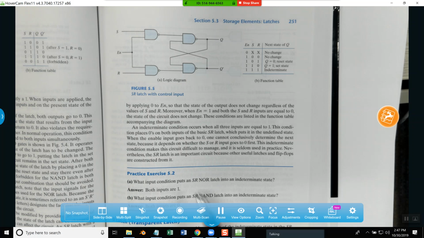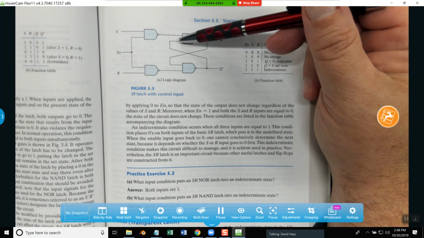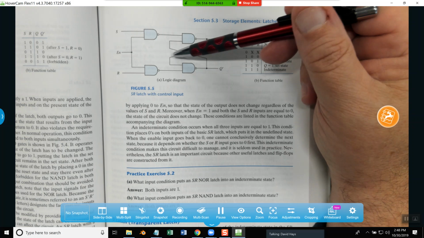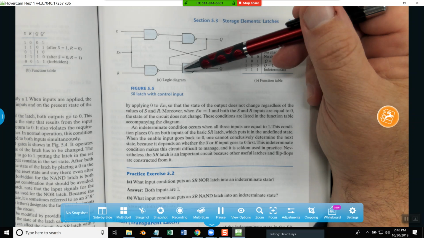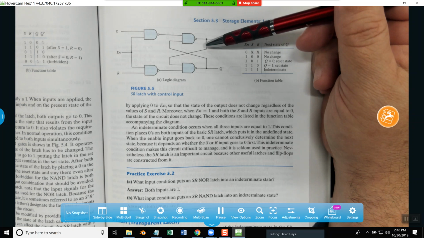But like when S is coming in as a 0. Here's S is 0, here's S is 0. Then the result is a 1. It doesn't matter what R is. Along the same lines, if R is equal to 0, then the NAND produces a 1. It does not matter what S is.